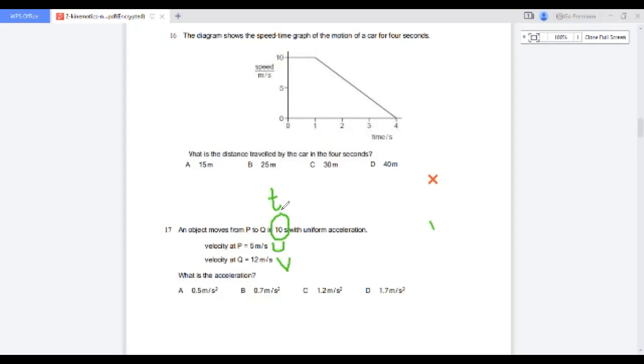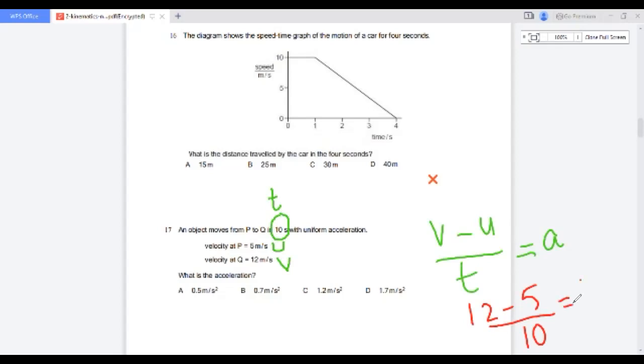We know the formula V minus U over T, which is our acceleration. So V is 12 minus 5 over 10, and it is 7 over 10, and it is 0.7.